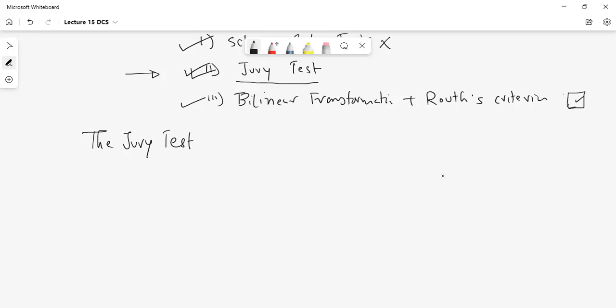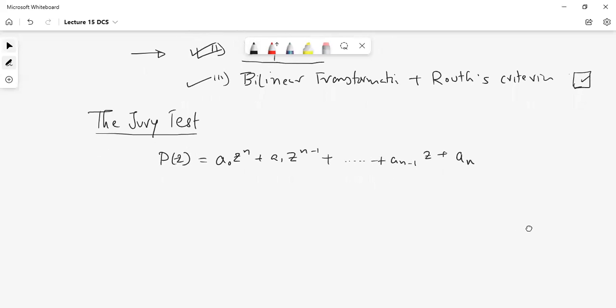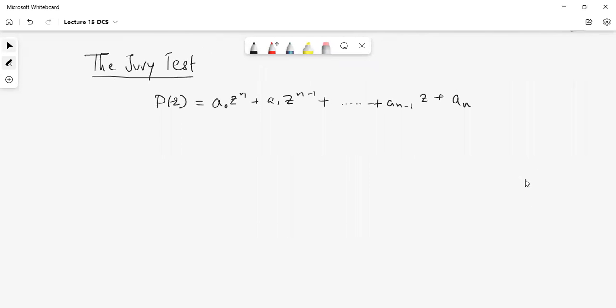The first thing is that you should have the polynomial, or the characteristic equation. Generally it is written as a_n z to the power n in this pattern, but somehow they have written it in this way. Now, based on this characteristic equation, we have to form a table. The table will be something like this. Row.